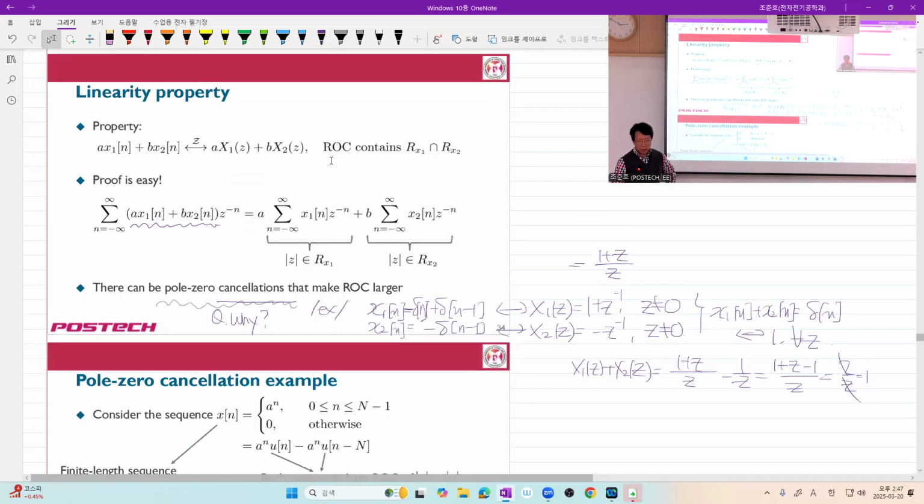Okay, got it. So let's consider this one. Suppose you have x1 that is delta of n plus delta of n minus 1. Means you have an impulse at 0 and another impulse at 1 and all zeros. Now you have x2 that is negative delta of n minus 1. So you have negative 1 at n equals 1.